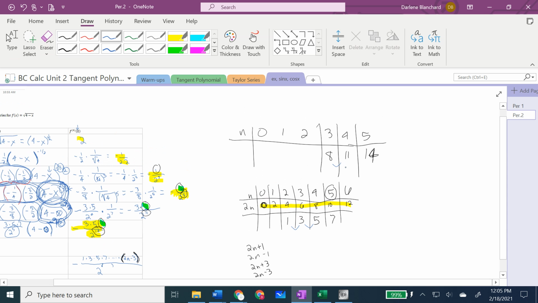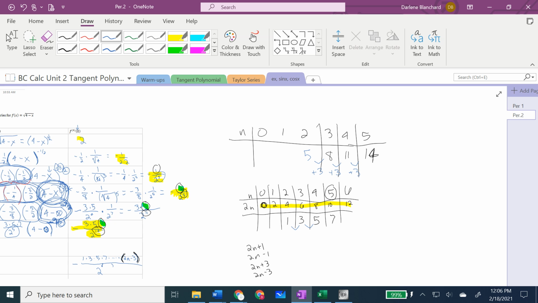To go from 8 to 11, I add 3. To go from 11 to 14, I add 3. If I go back a little bit farther, I can see, yes. If I am only adding the same number to get from one to the next, then I'm looking at a linear pattern.